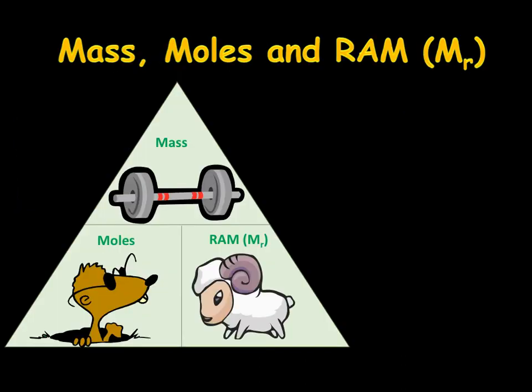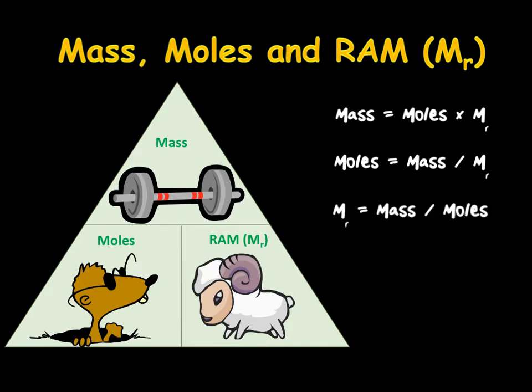An essential calculation in chemistry is being able to work out mass, moles, and relative atomic mass, or MR, as we've looked at it previously. That gives us this equation, where we have mass equals moles times MR. We can rearrange this to find out moles, where moles would equal mass over MR. And finally, we can work out MR by doing mass divided by moles.